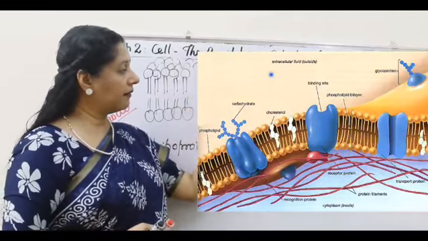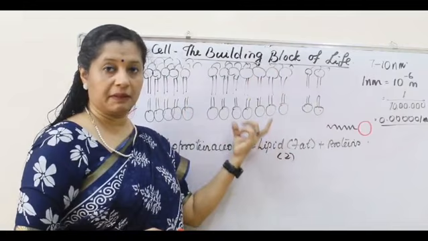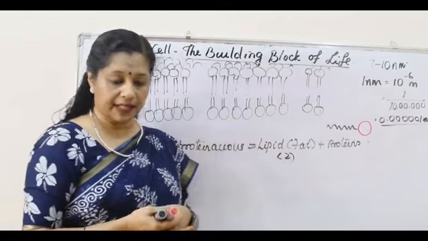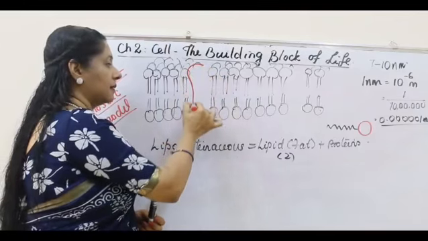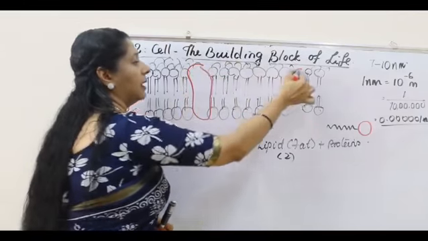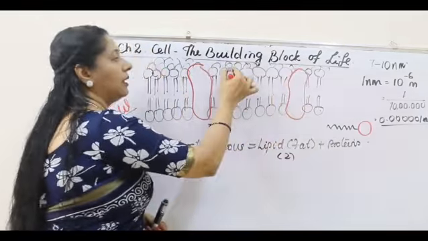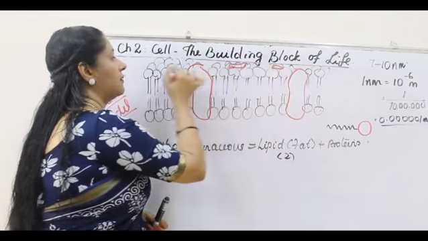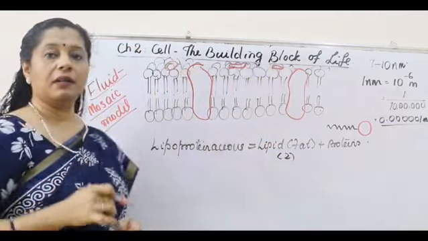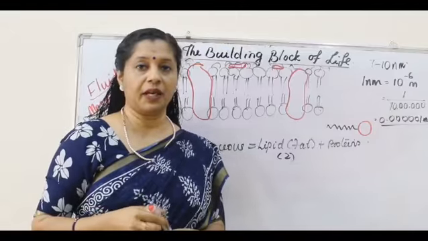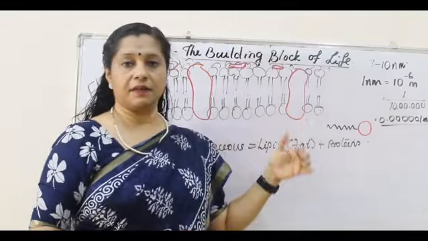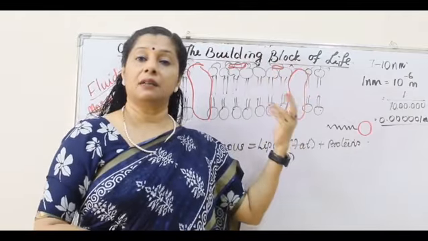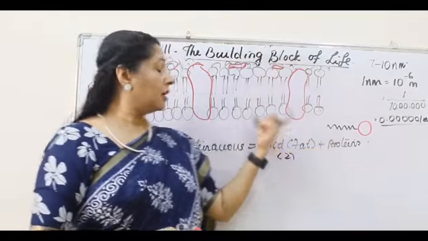Now I have drawn only these two layers of lipids here. Now how are proteins arranged? Proteins are integrated in between this, or tucked in between this, or there are proteins on the surface also of the lipid bilayer. So proteins can be either integrated inside or on the surface. On that there can be carbohydrates also.